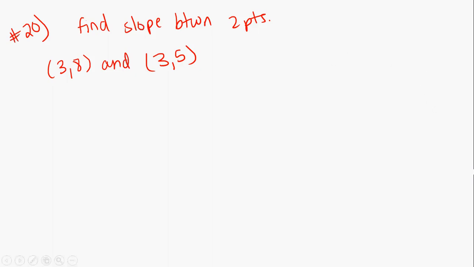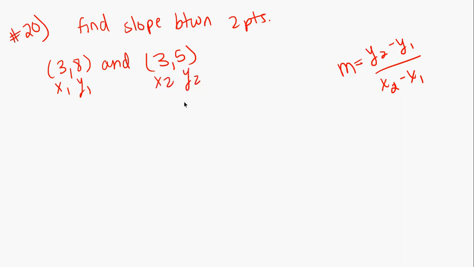Remember, slope of a line, this is a formula you need to have memorized, is m equals y2 minus y1 over x2 minus x1. So we go ahead and label our points, x1, y1, and x2, y2. And then we just plug them in.